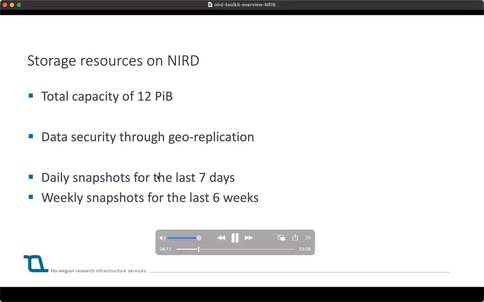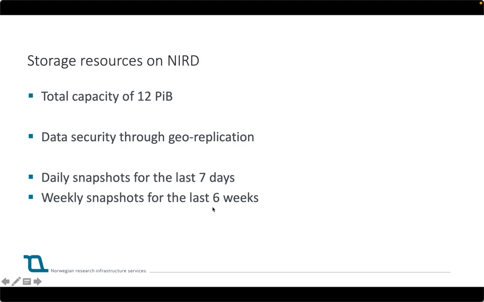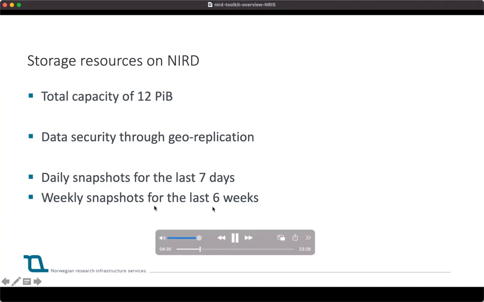And we have daily snapshots for the last 7 days and weekly snapshots for the last 6 weeks. And that means that if you have made a change to the data which was unwanted in that period, you can go back and find the previous version of your file in the snapshots.